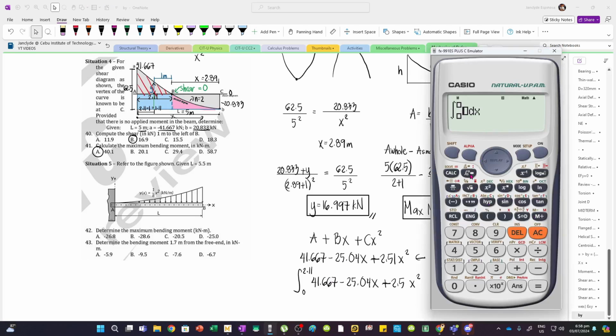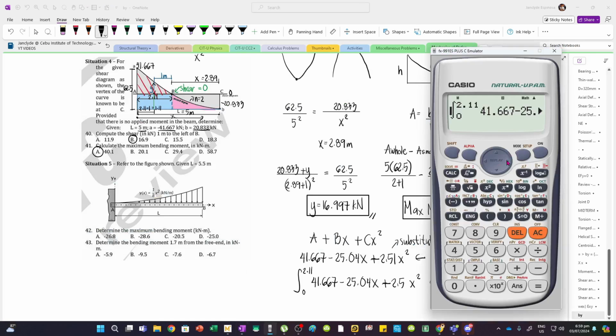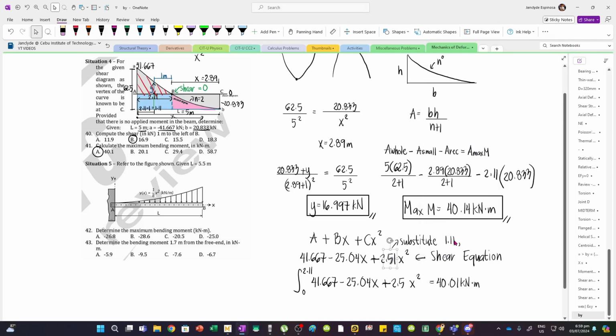So we have the integral from 0 to 2.11 of 41.667 minus 25.04 multiplied by x plus 2.5 x squared. So press equals, you're going to get 40.01, which is exactly letter A. Again, this was 16.95.